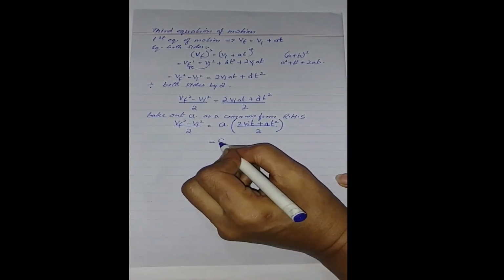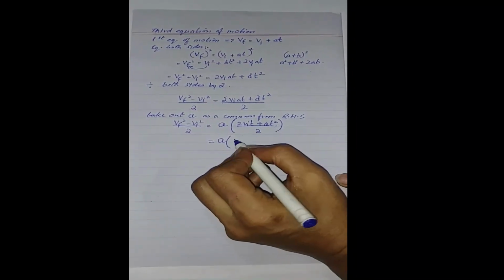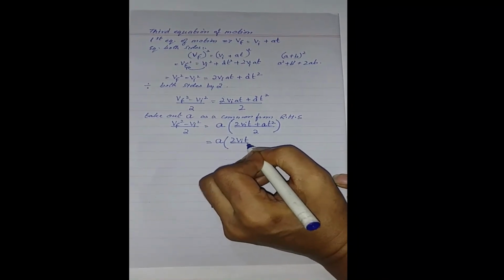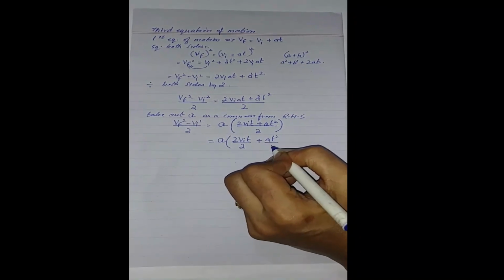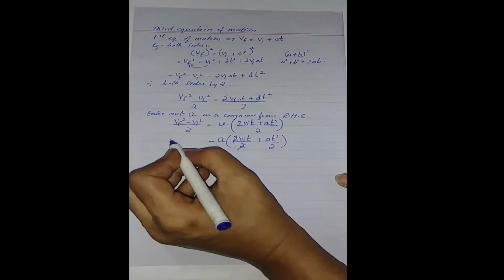Here we are going to divide both of the terms by this 2. So it is Vit upon 1 plus at square upon 2.